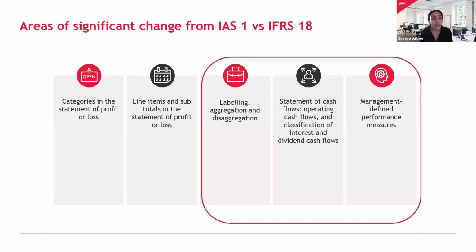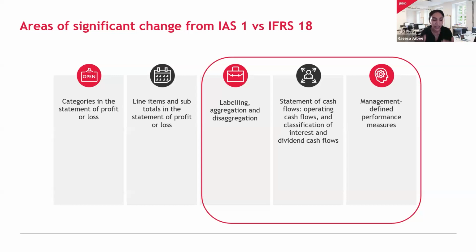Then there are some consequential amendments to our statement of cash flows, so IFRS 7, because currently there are a number of accounting policy choices within that statement that result in diversity in practice and potentially reduce comparability. And so now IFRS 7 is a lot more prescriptive. So for example, if you use the indirect method, you have to start with operating profit or loss.